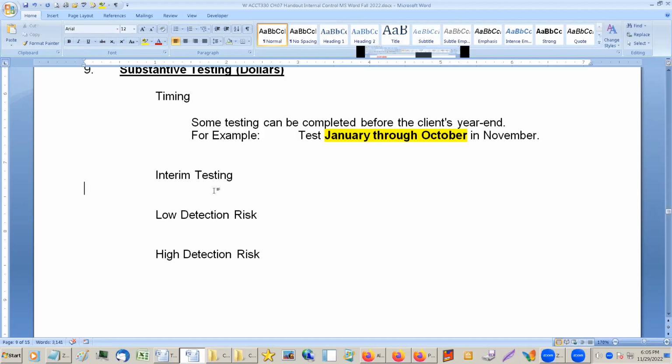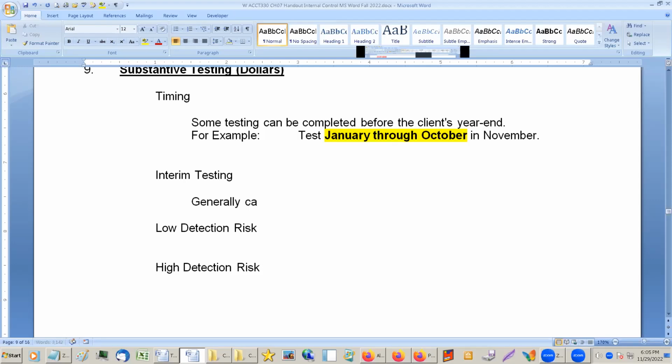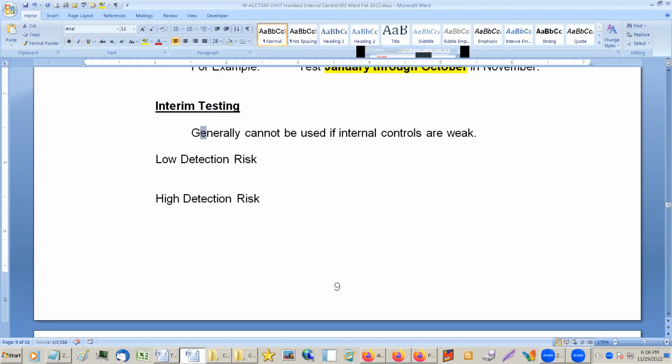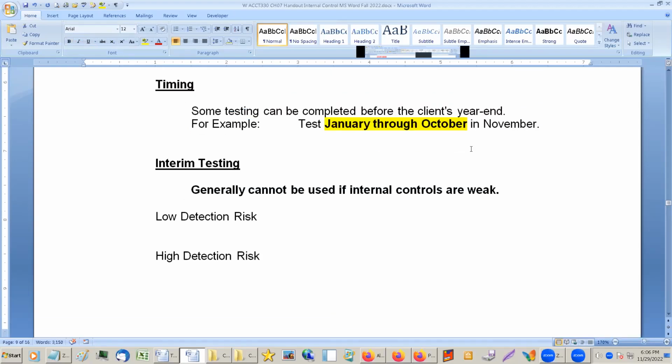This is part of interim testing. So this would be an example of interim testing. And they generally cannot be used if internal controls are weak. If the internal controls are very weak, doing the testing in the interim dates is not as effective.